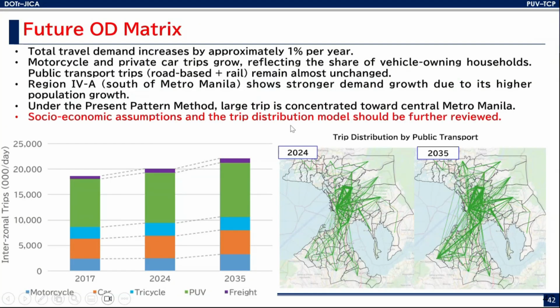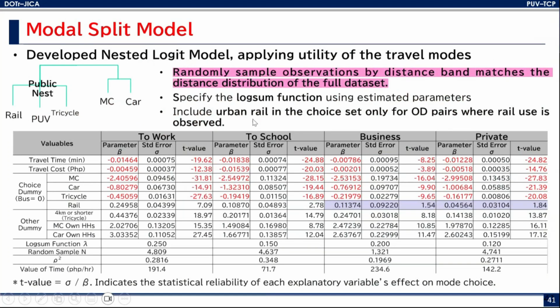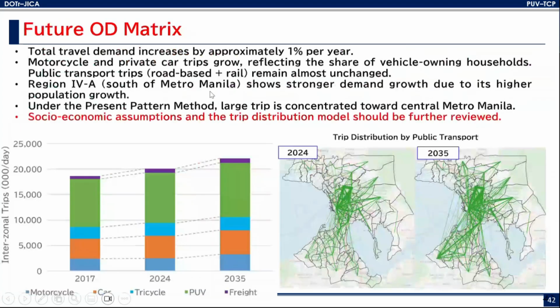Then the future OD matrix: according to the estimated modal split models, the future OD tables were developed and applied to the future trip demand by trip purpose and vehicle ownership groups.